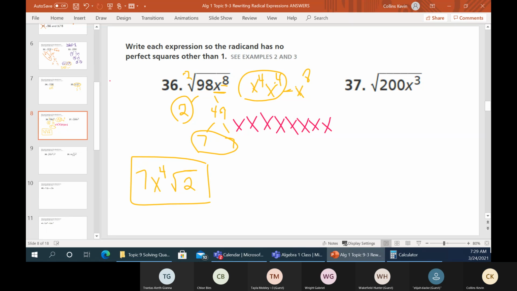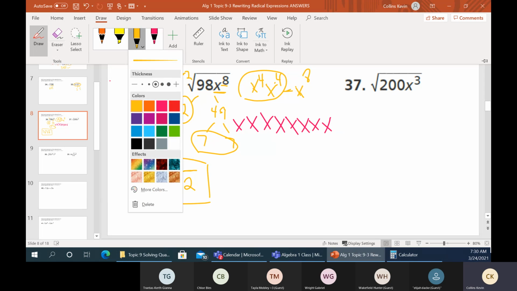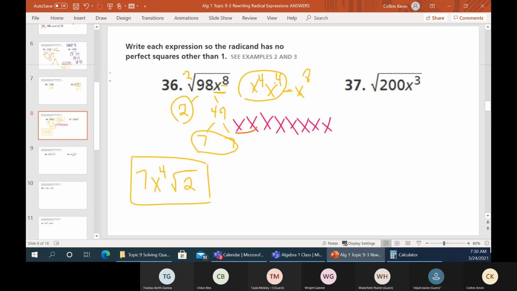And again, think of it this way. We could bring them out in pairs. There's one pair, so there's an x. Here's another pair, another x, another pair, another x, another pair, another x. 1, 2, 3, 4, x to the 4th. There it is.